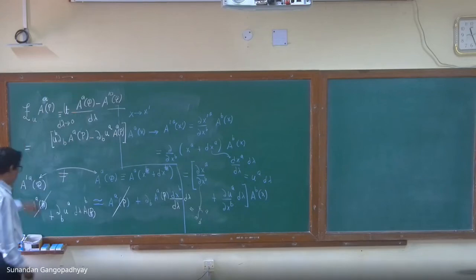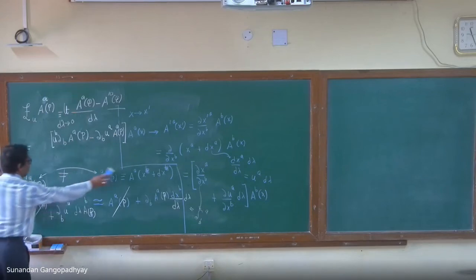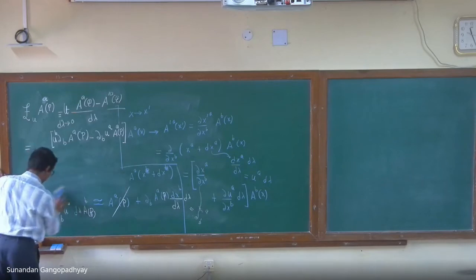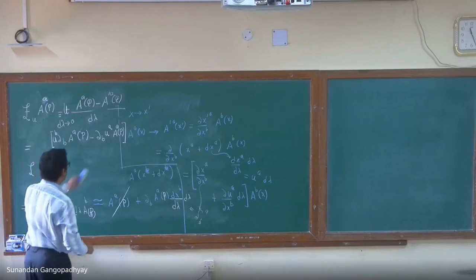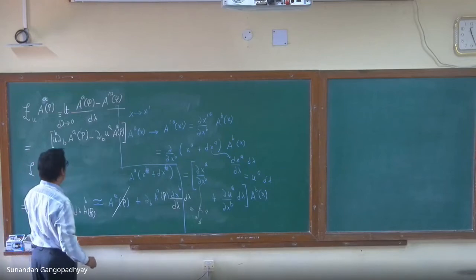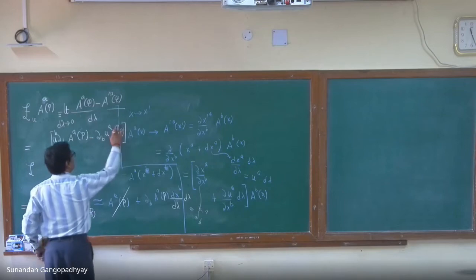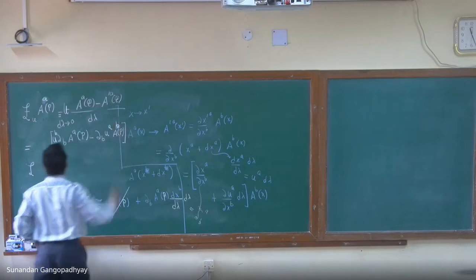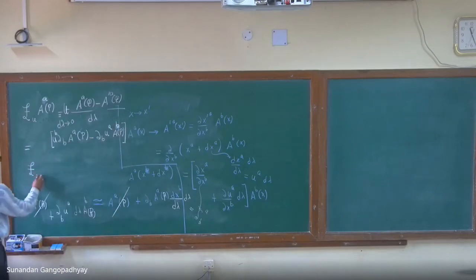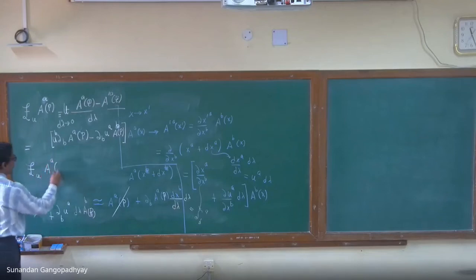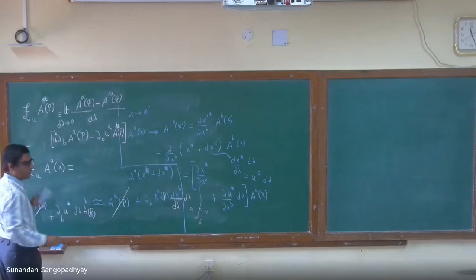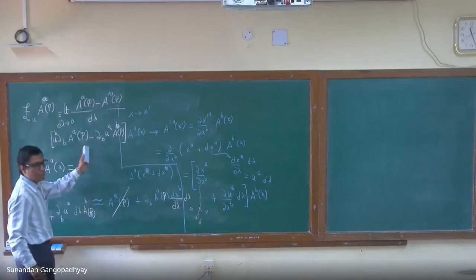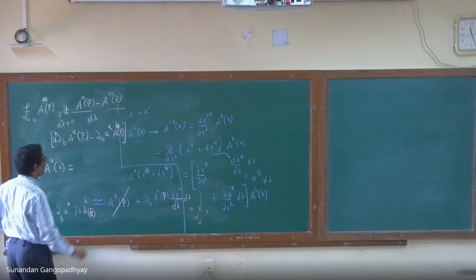So Lie derivative. Let me write down the final result. That should be A^B in the second term. Correct, I will just correct it. So this will be del_B U^A. This is B, and Q values B. So what we have is L_U A^A at X. Now you can replace Q by X. You can see that U has come in, right?